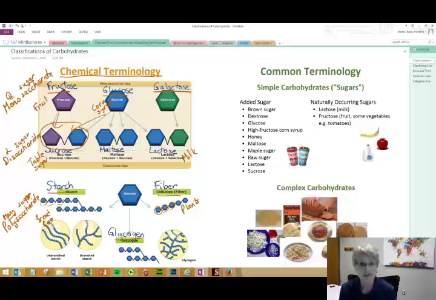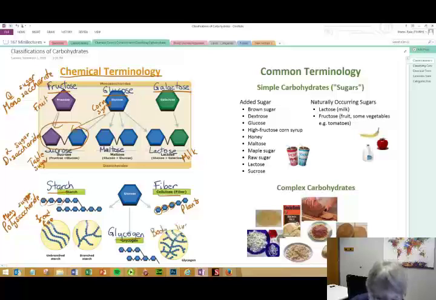Glycogen is not found in our foods, but it is found on our body. And we're going to find it specifically in our liver and in our muscles. So we actually consume starch and fiber, but we have glycogen on our bodies. Knowing the chemical structure of carbohydrate provides clues to how it impacts foods and health.